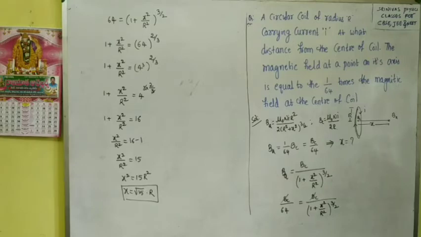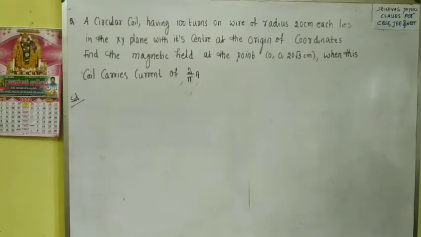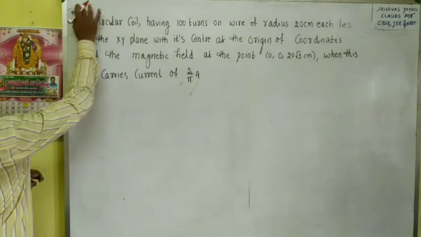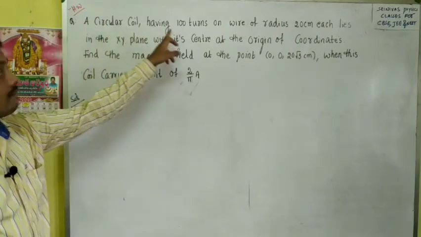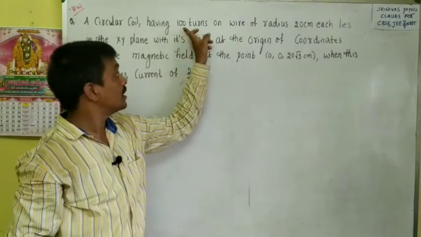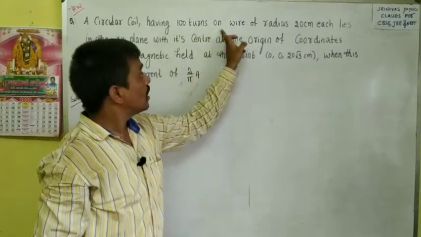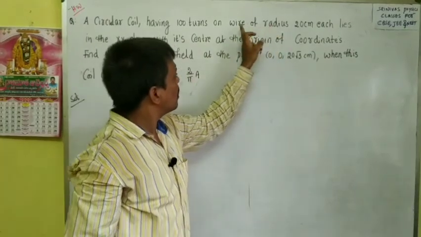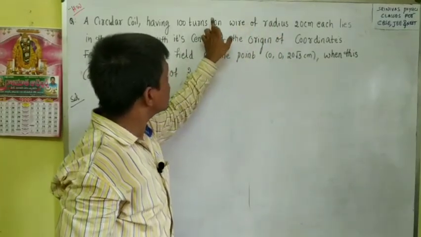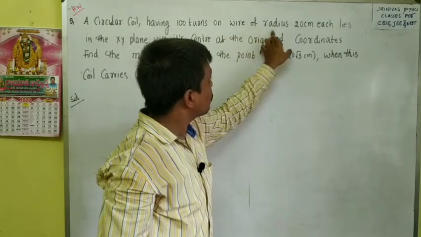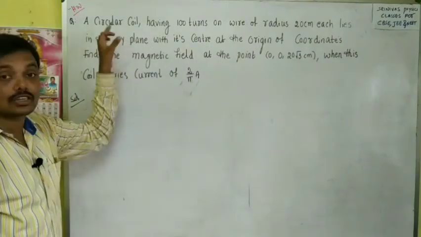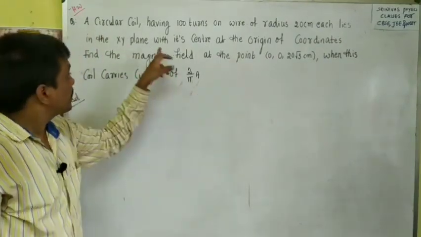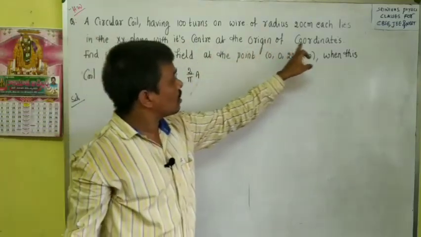I will give one homework problem after rubbing the board. Okay, this is the last question, the homework question. A circular coil having 100 turns, on a wire of radius 20 centimeter each, lies in the xy plane with its center at the origin of coordinates.